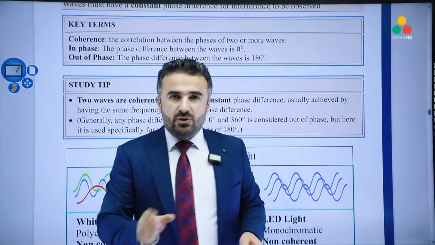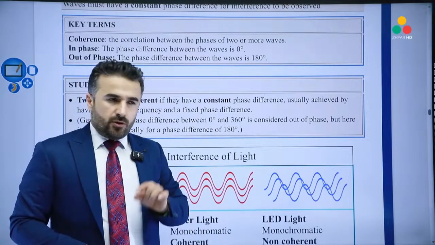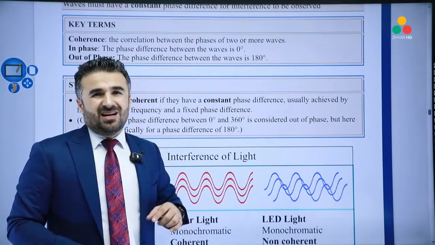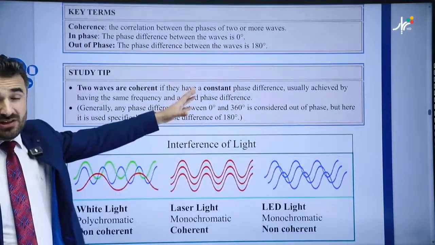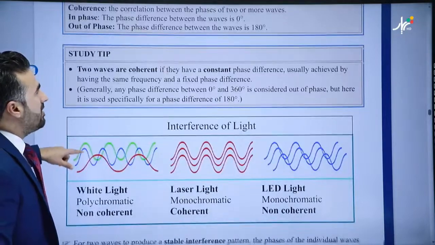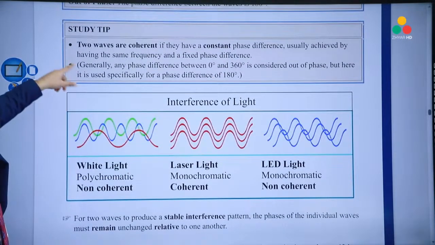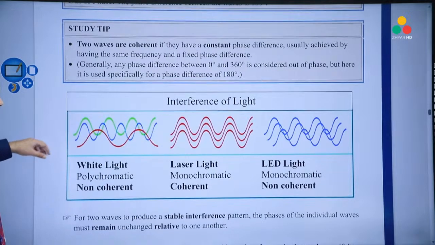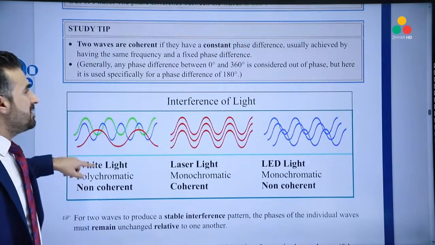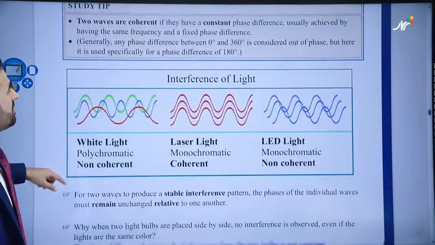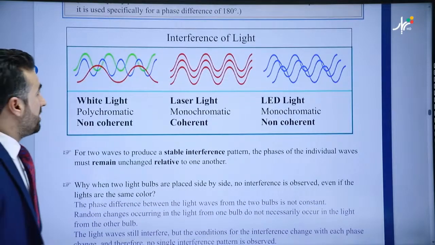Otherwise, any phase change between 0 and 360 is considered out of phase. As the study tip says, any phase difference between 0 and 360 degrees is considered out of phase, but here it is used specifically for a phase difference of 180 degrees.